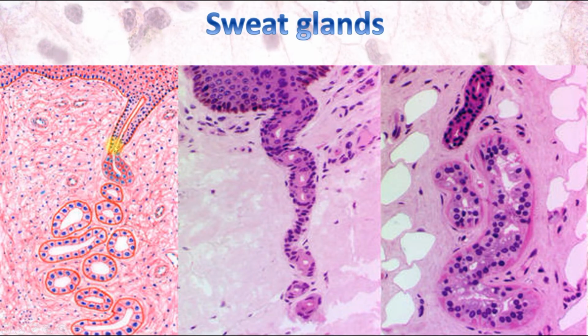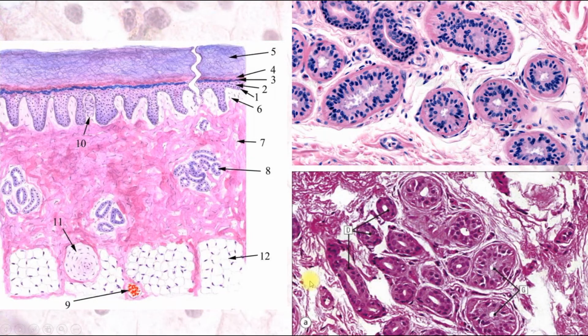And here we can see the structure of sweat glands. Their ducts have stratified cuboidal or sometimes columnar epithelium, and the secretory units have secretory cells. Usually this epithelium is simple.